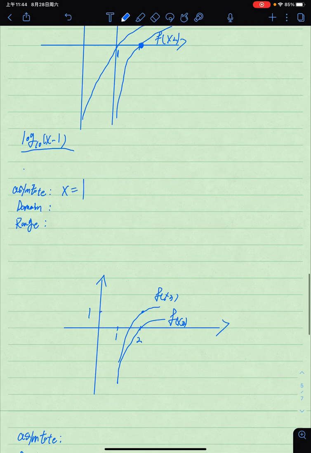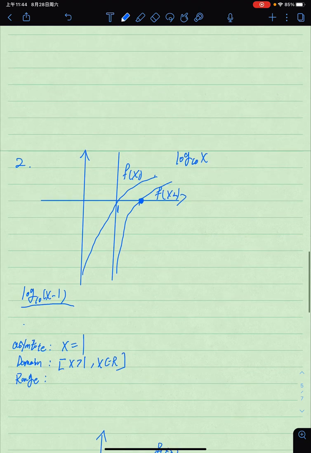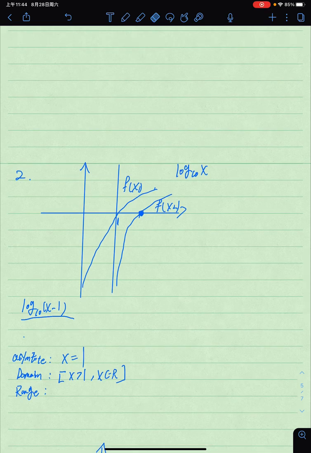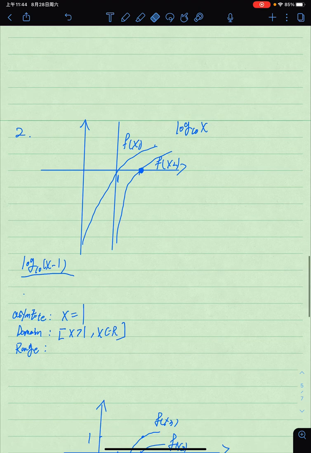The domain changed to x greater than 1, and x belongs to real numbers. But the y didn't change. The y still belongs to all real numbers, from negative infinity to infinity.